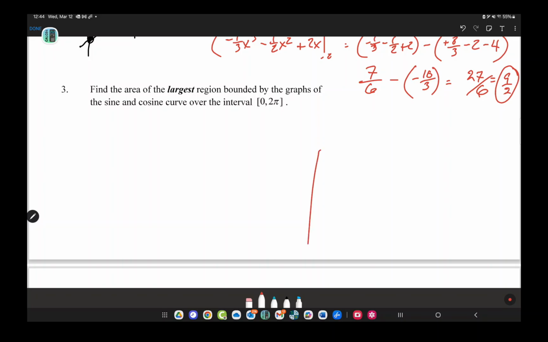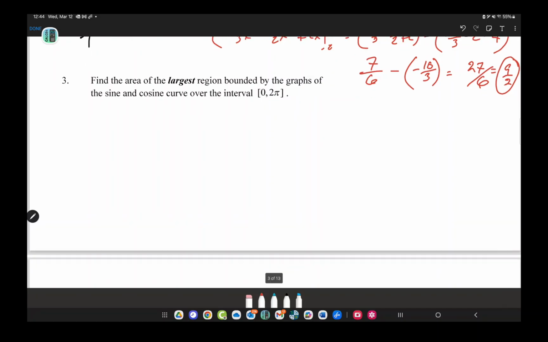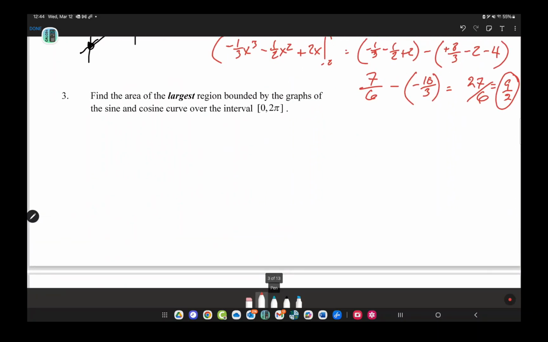Missing something here. I want to change this question.